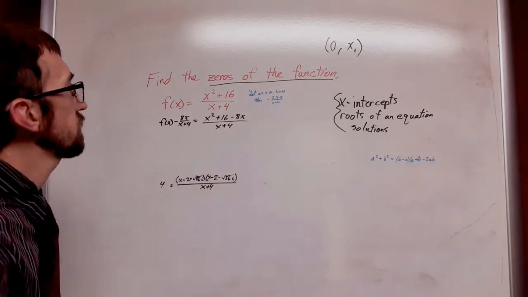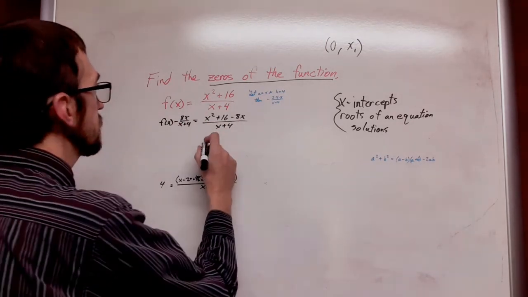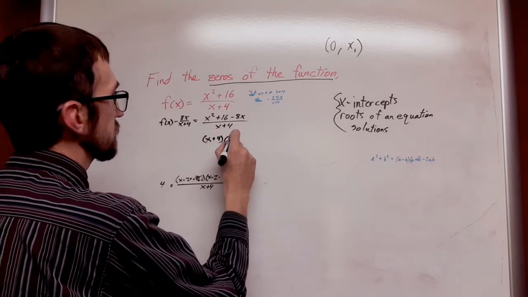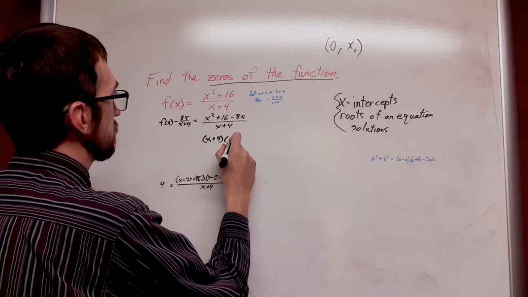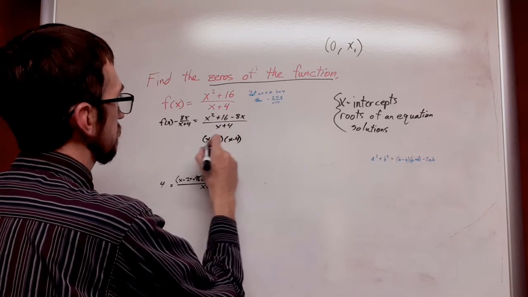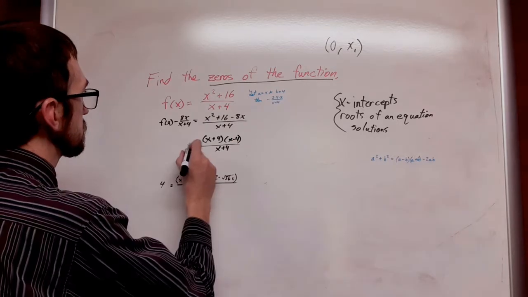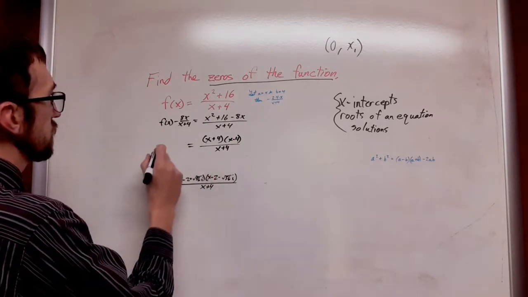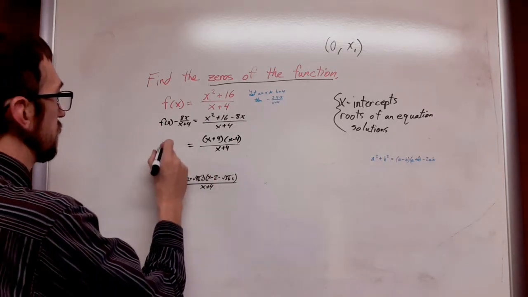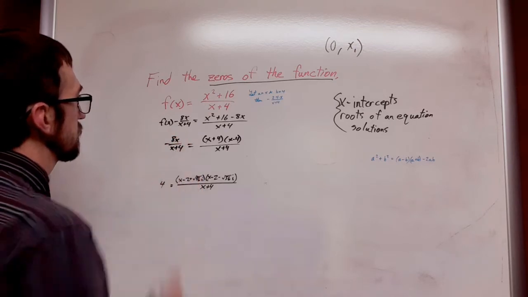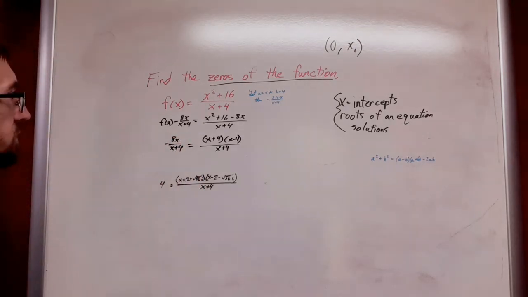This can be rewritten as x plus 4, x minus 4 over x plus 4. The f of x we're going to declare is 0. So we have this.